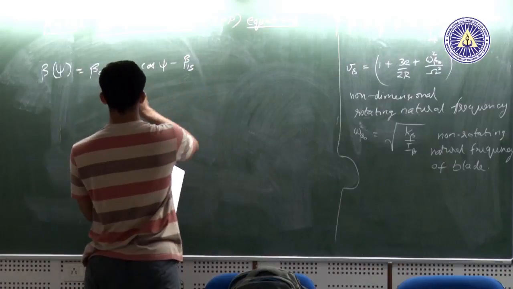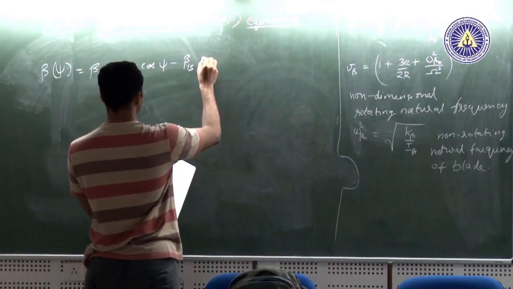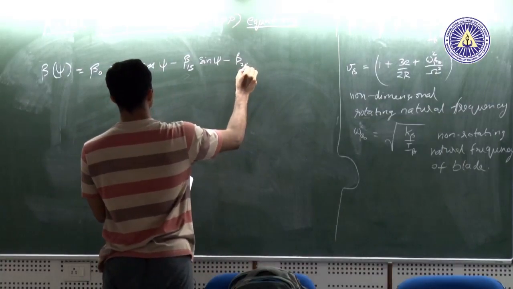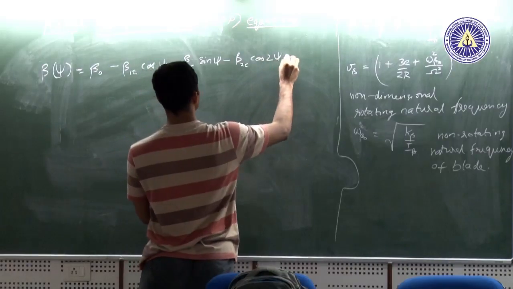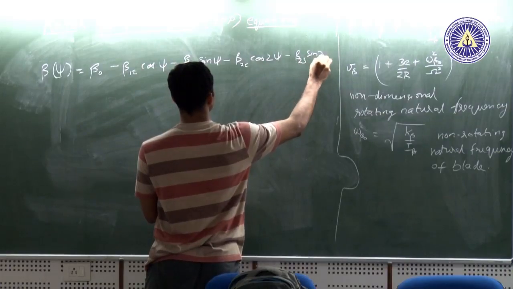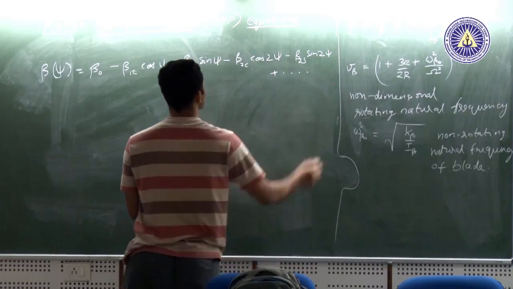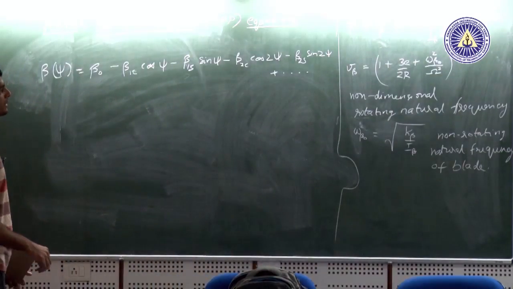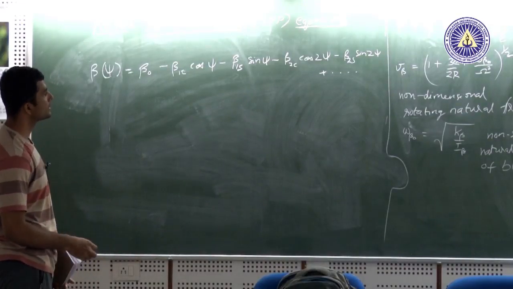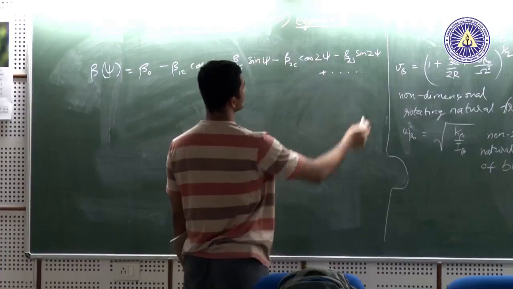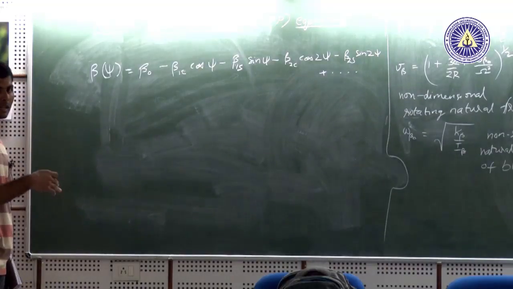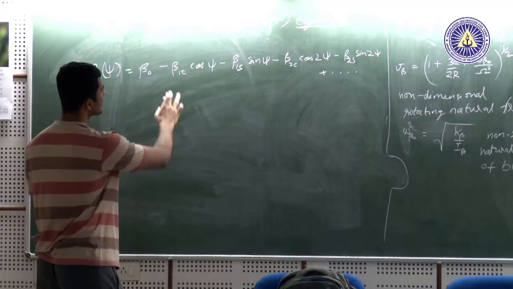So these are the coefficients beta naught, beta 1 c, beta 1 s. Okay. But we are primarily interested in the first harmonic response of the rotor. So we will not be considering the remaining terms of this Fourier expansion.